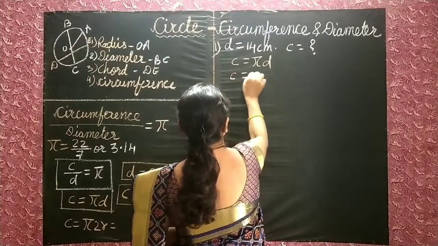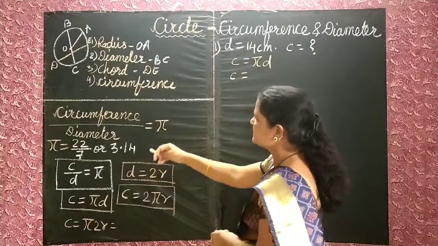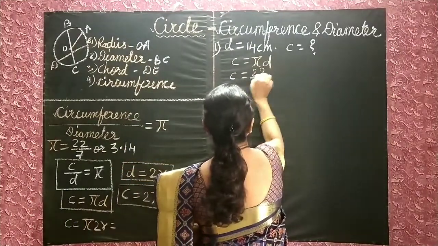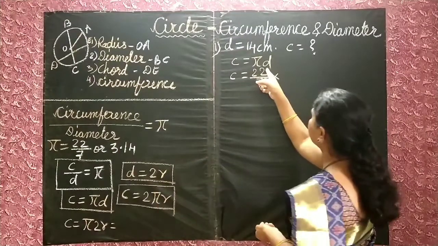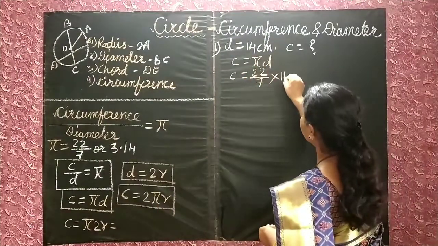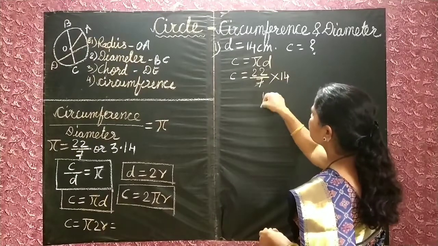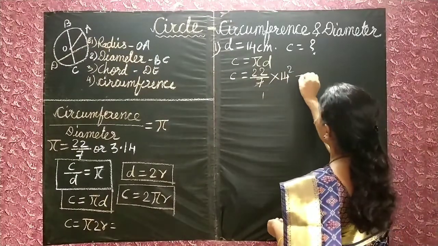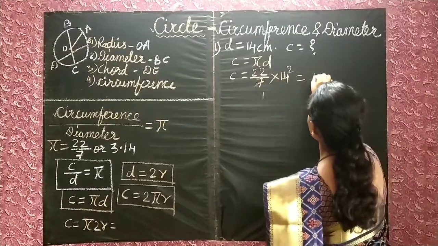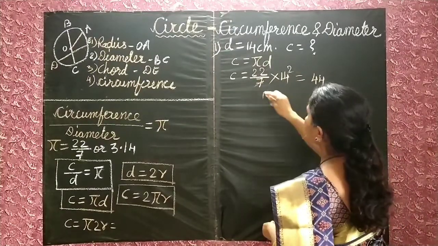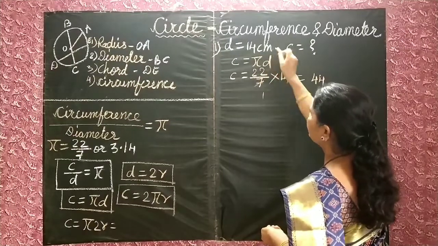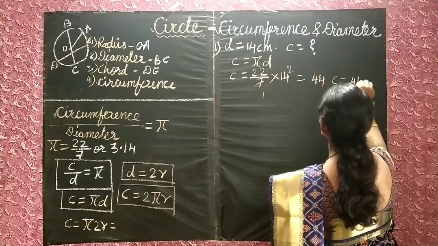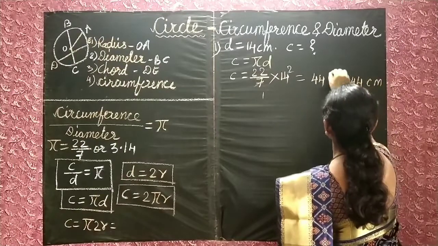So circumference is equal to 22 upon 7 multiplied by 14. 7 ones are 7, 7 twos are 14. So 22 multiplied by 2 is equal to 44 centimeter. Diameter is given in centimeter, so circumference is equal to 44 centimeter.